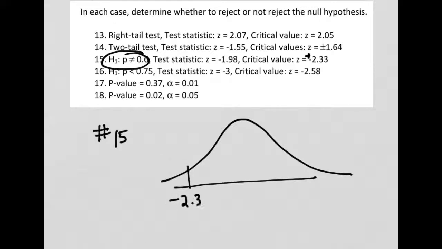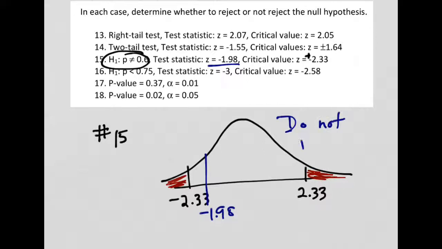So my critical values are negative 2.33 and positive 2.33. Here's my rejection areas. All right, and where's the test statistic? Negative 1.98. So that falls maybe about here. And again, do not reject the null hypothesis because we're not falling into that rejection region.